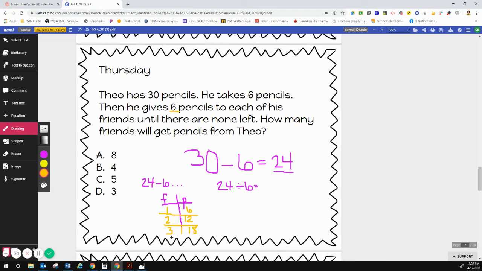And I still have pencils I can give away, so let's see if I can make another group. 18 plus 6 more gives me 24. So how many friends was I able to give pencils to? Yeah, 24 divided into groups of 6 equals 4. So I've got 4 friends that I can give these pencils to.